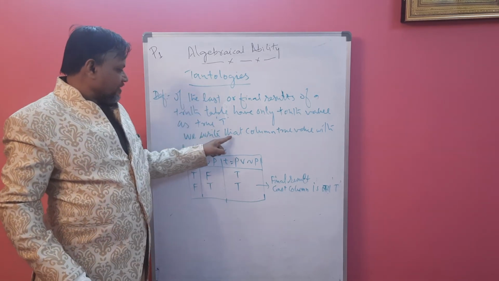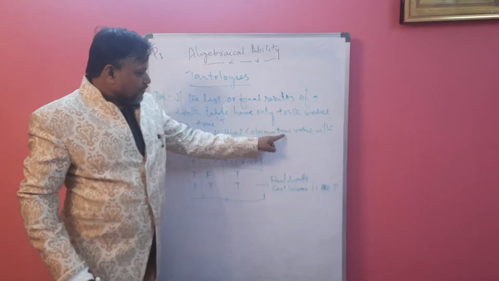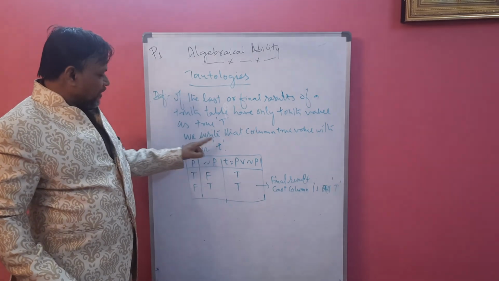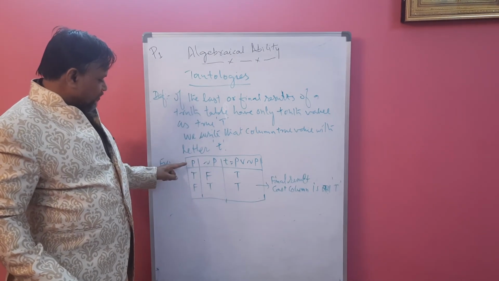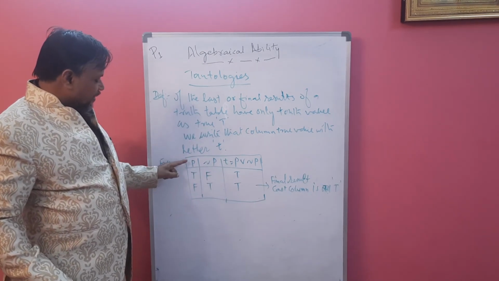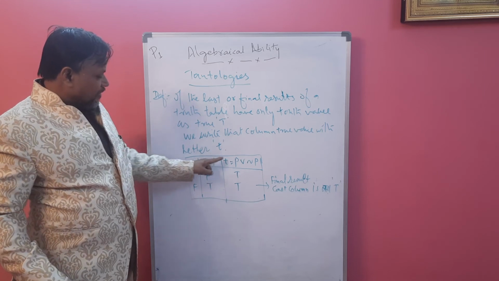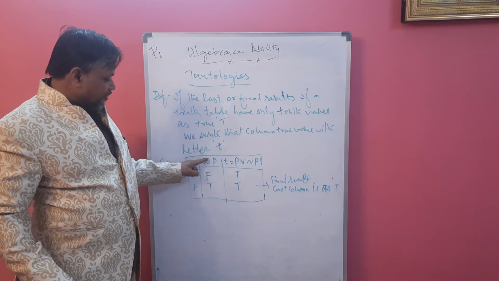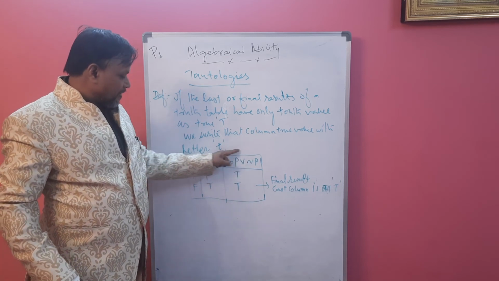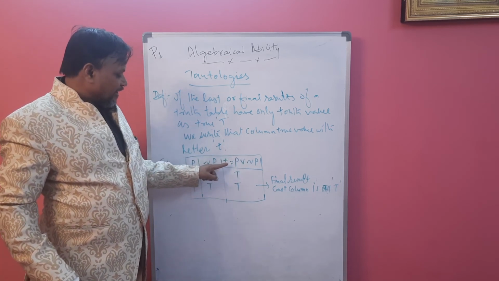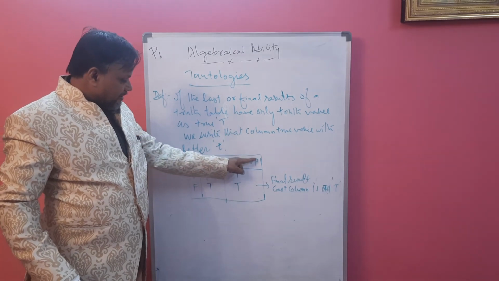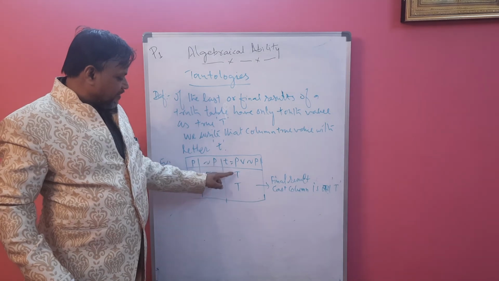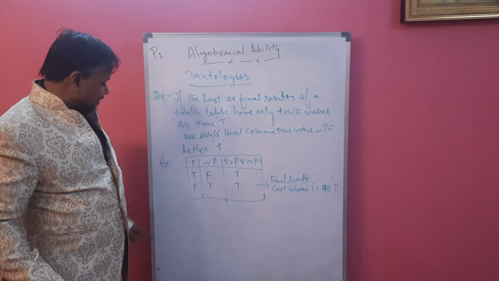We write that column true value with letter small t also. Suppose example we are taking here, P, negation P, P or negation P. If the result is all T, then we can write with letter T, or here also we can write small t.